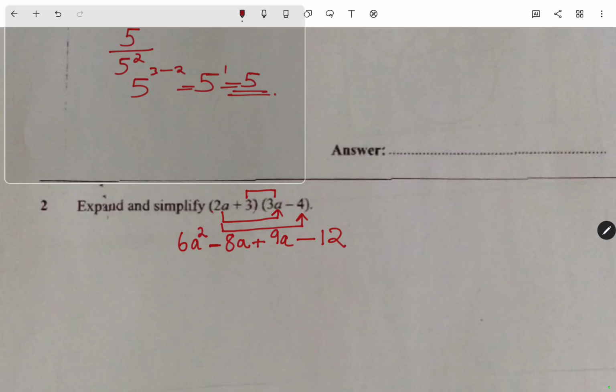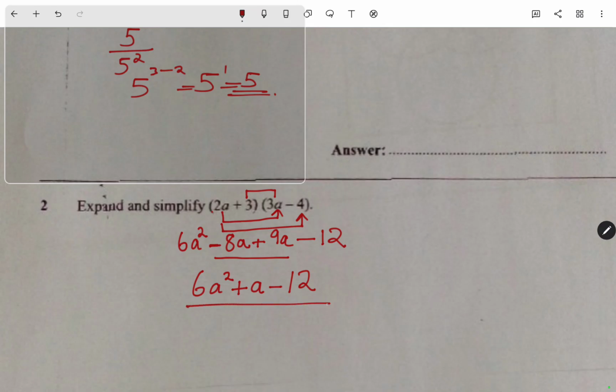12 there. Now, we notice something here. These are like terms. There's a small number and a big number there. The big number is 9, so we say 9 minus 8, that will be 1 times A, which is just A. So this can also be written as 6A squared, the big number is positive, plus A minus 12.